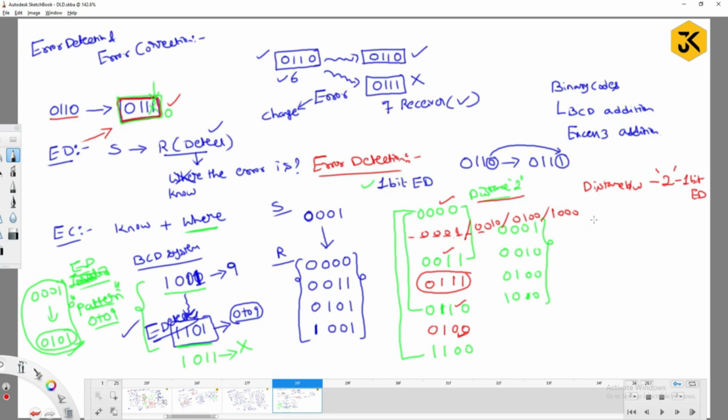Similarly, if you generalize it, if you take two valid patterns and you would like to identify 2 bit error detection, then compulsorily the distance between these two should be 3 bits.